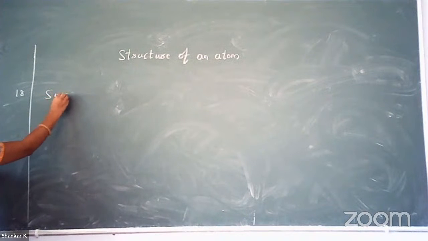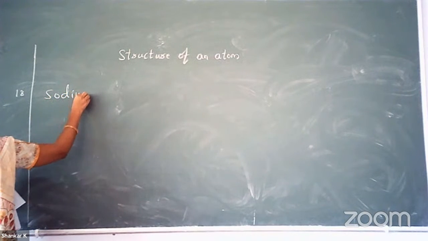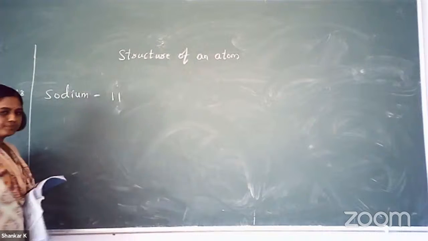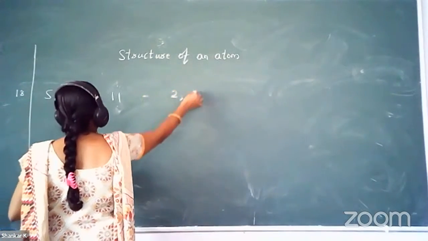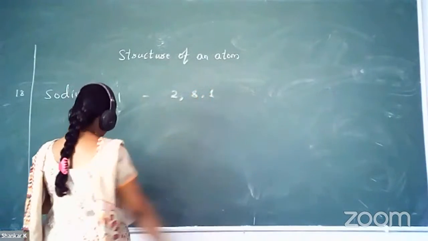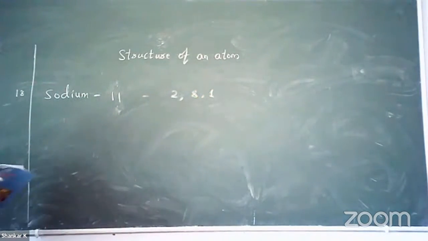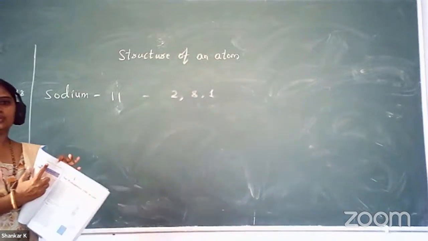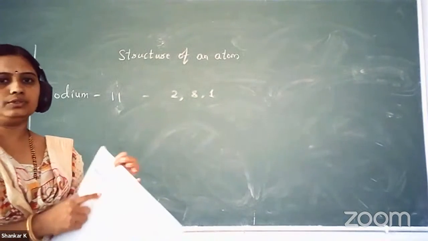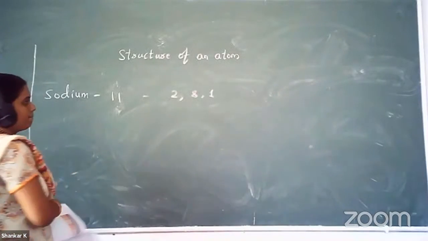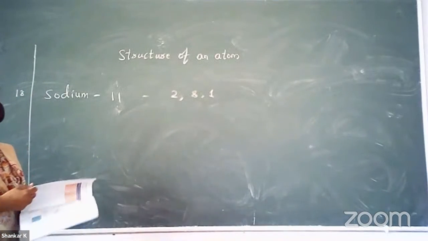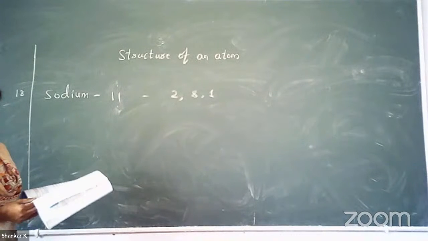Sodium atomic number is 11. What is the electronic configuration? 2, 8, 1. So which is the correct answer? D is the correct answer.